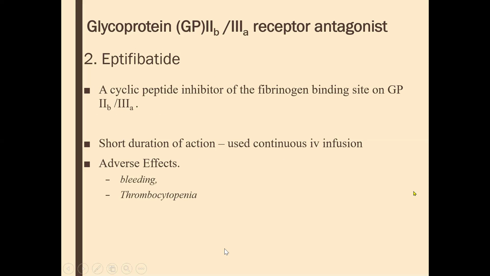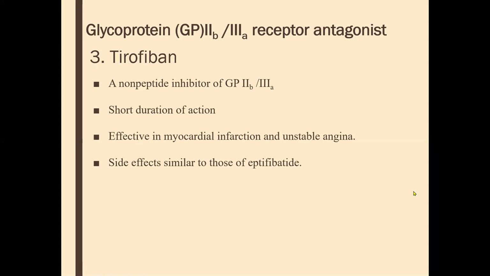Tirofiban, a non-peptide inhibitor, also has a short duration of action and is effective mainly in MI and unstable angina. The side effects are similar to those of the others, so just remember the name and mainly uses. That's all for these drugs.